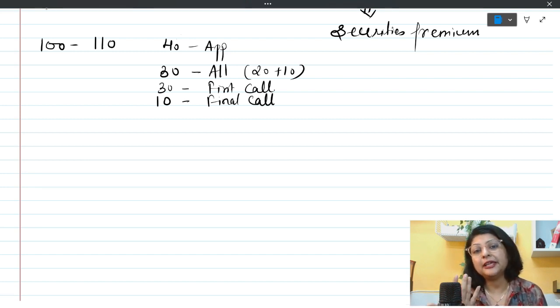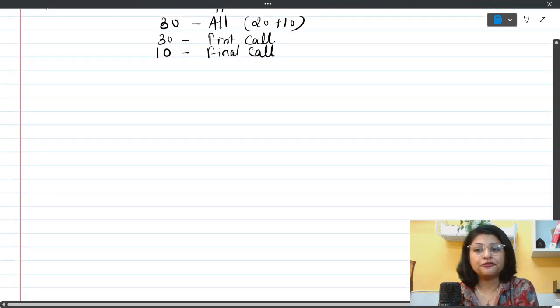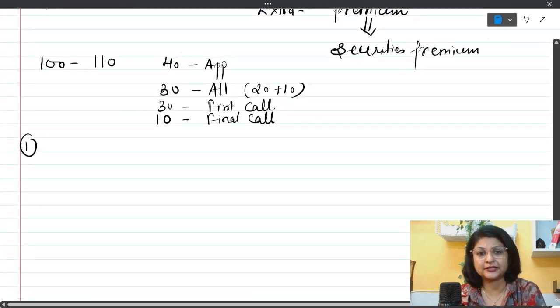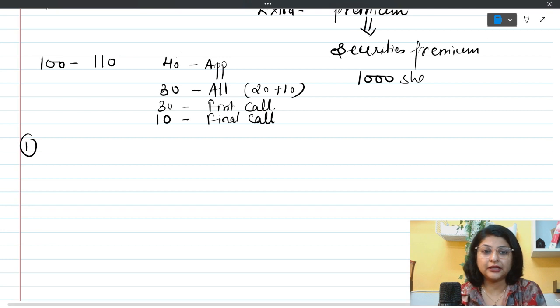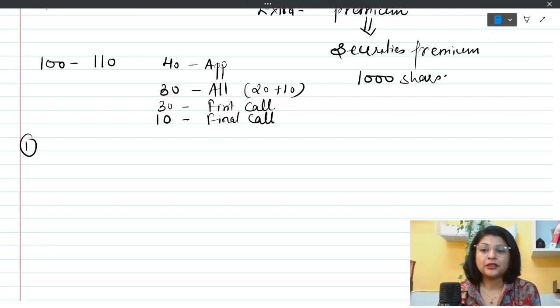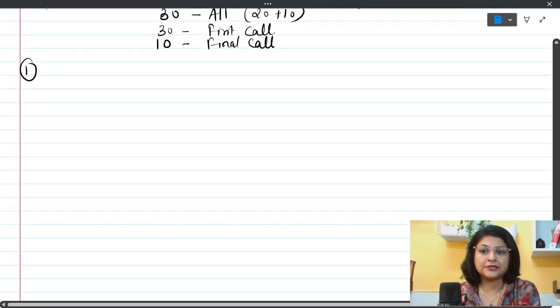Now what will be the impact of this on the journal entries? Let us understand that. The first journal entry will remain the same. Let us assume a figure for how many shares are issued by the company. Let's say the company has issued 1000 shares. The first entry will remain the same as we had done in the issue of shares at par.